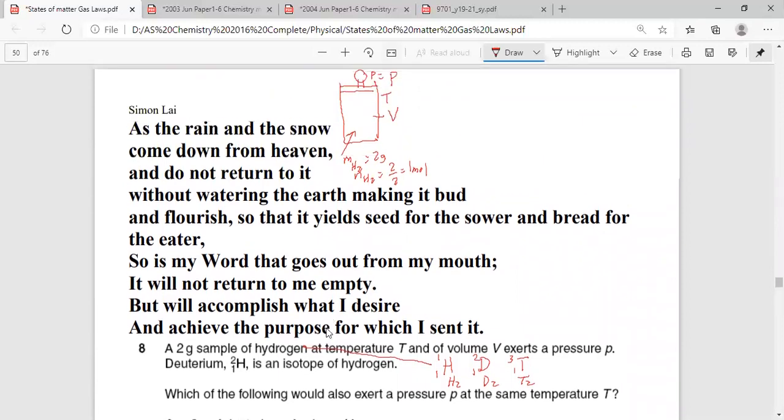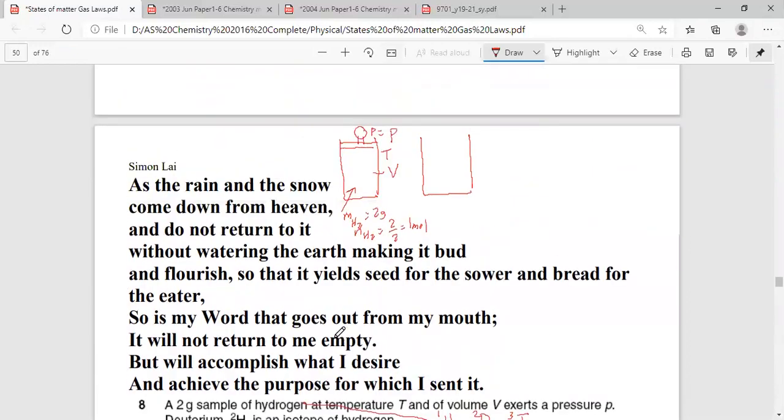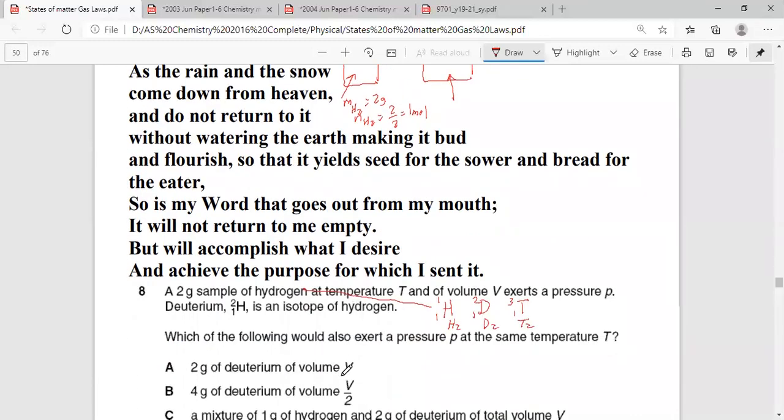Now I'm going to draw here so that I can have more space, okay? Remember here they say what? V over 2. I got half of the volume here. Pressure here, I don't know. What did I put here? I put here 4 grams of deuterium.